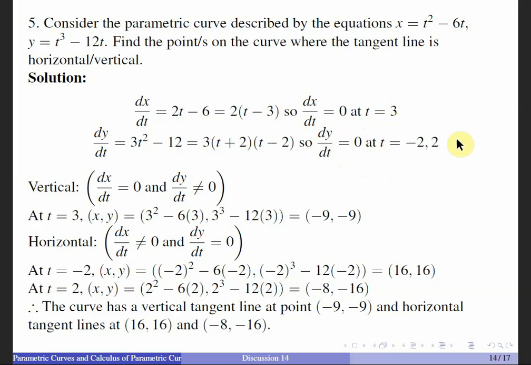Here, I just picked those t's that will make one derivative 0, only because I know that these values of t will not make the other derivative 0. So just be mindful.